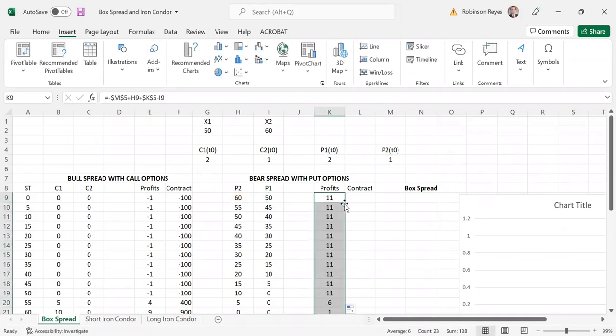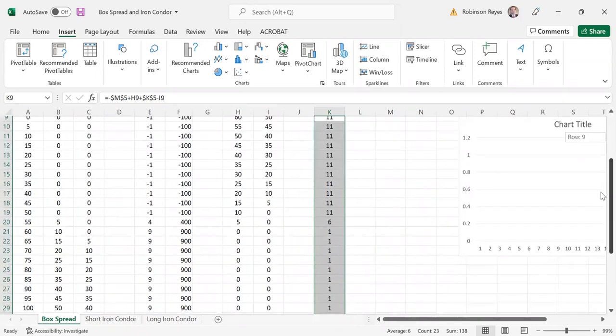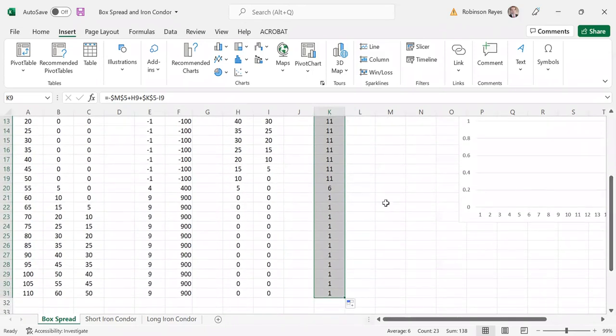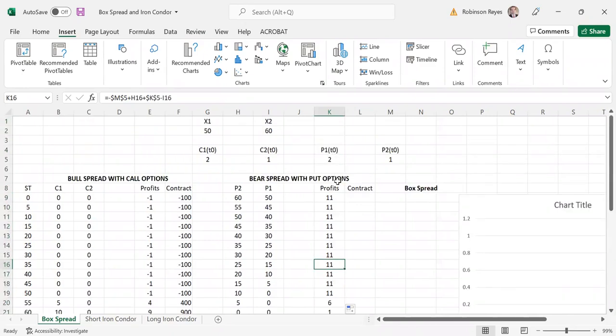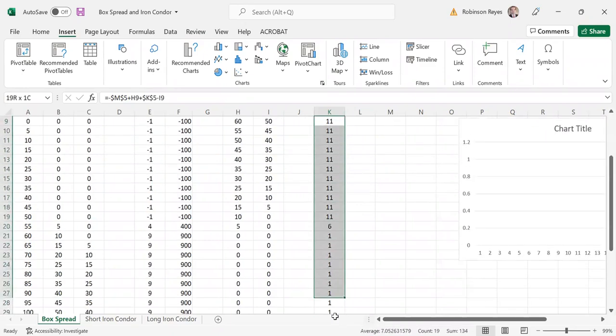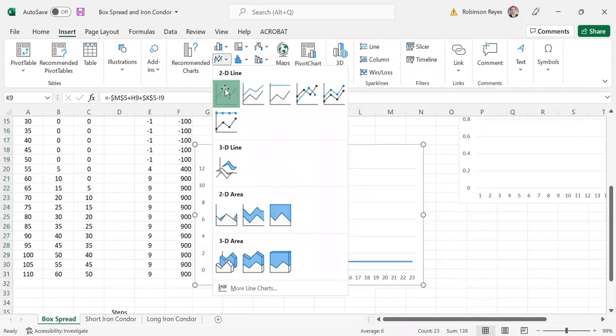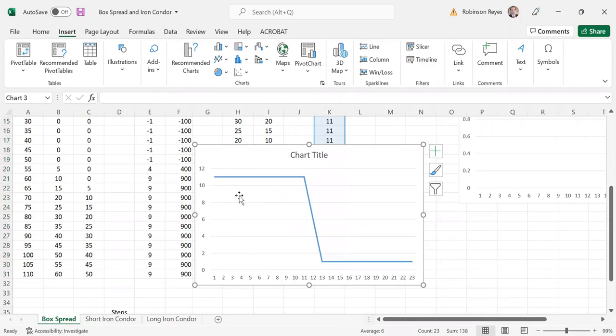Once we do this, I'm just scrolling down and you see that there's a higher value depending on the premiums. If you're using real data, from Yahoo Finance or any other source, this is not likely positive, it will likely be negative, right? But this looks like a bear spread if we plot it, in the sense that you're making money when the stock prices are low, to the left, and you're making little money here.